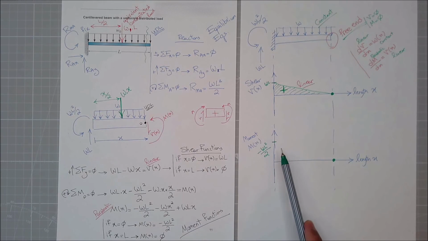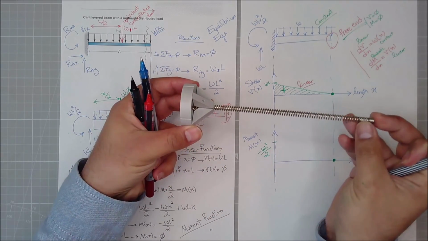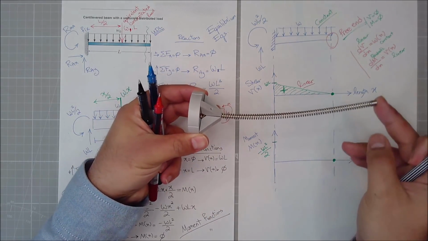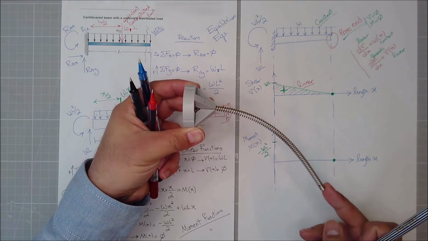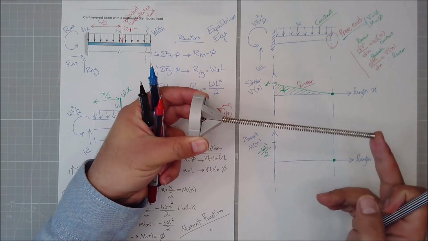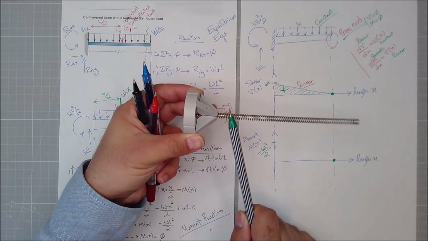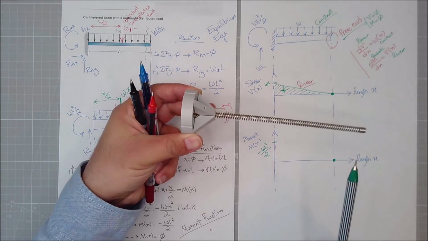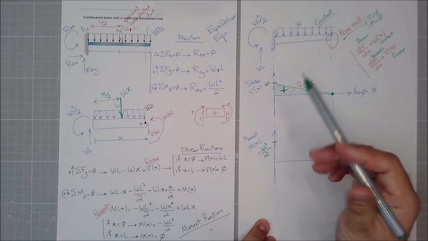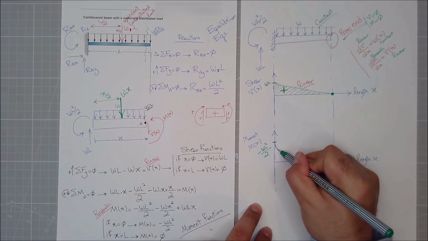Now, the matter is, should I draw it like this or should I draw it like this? What do you think? Is the resistance to moment increasing or decreasing? It's definitely decreasing. And over here, I will have more moment than over here and over here. That's why I draw it as a parabolic, but like this.